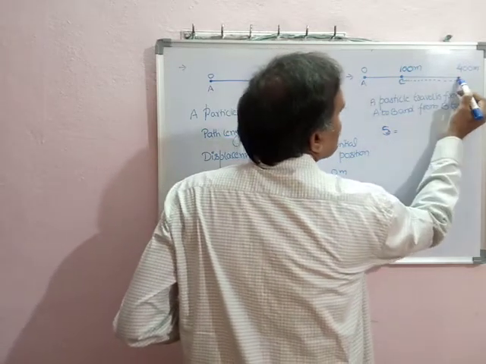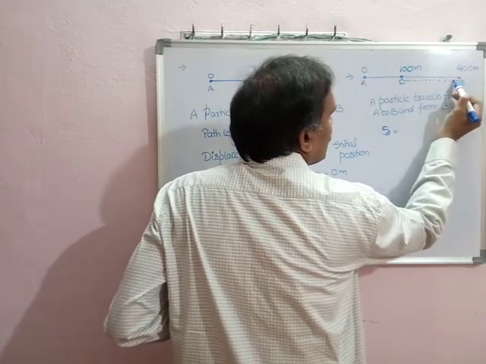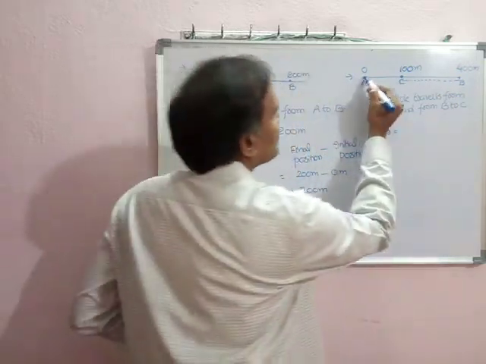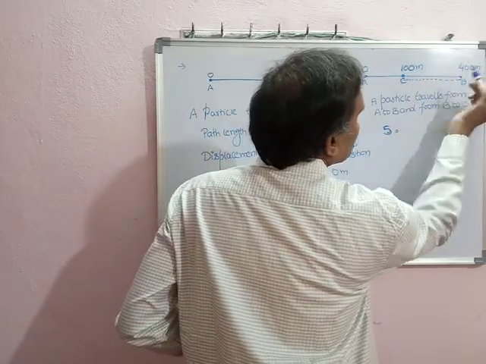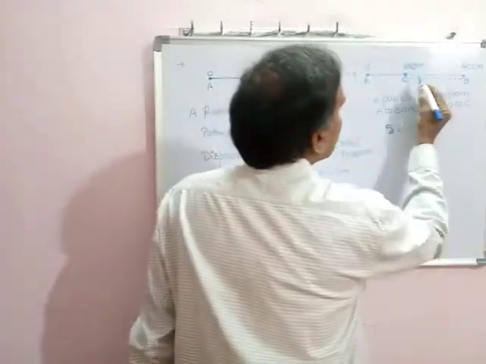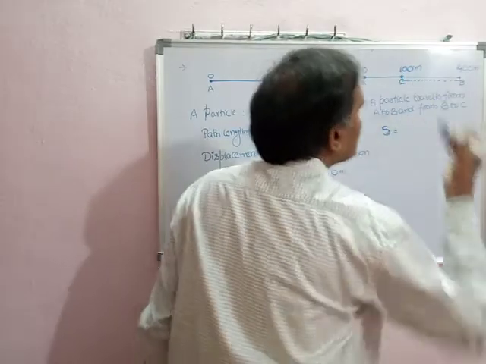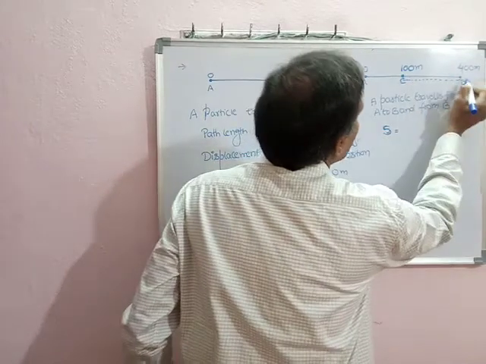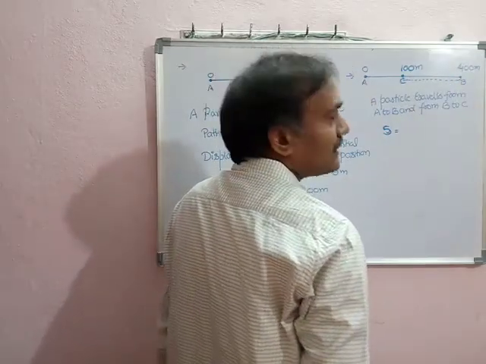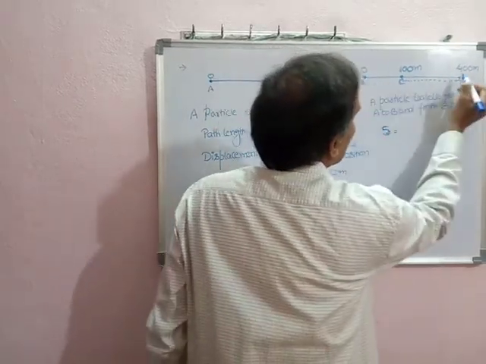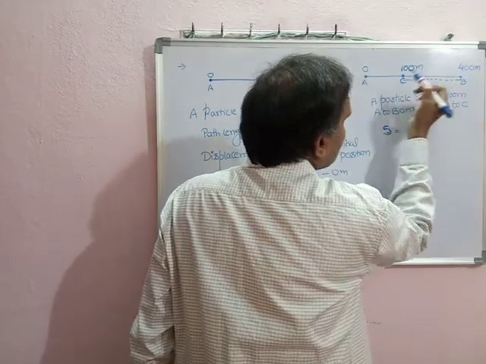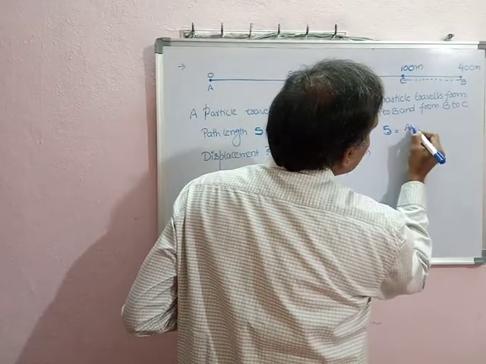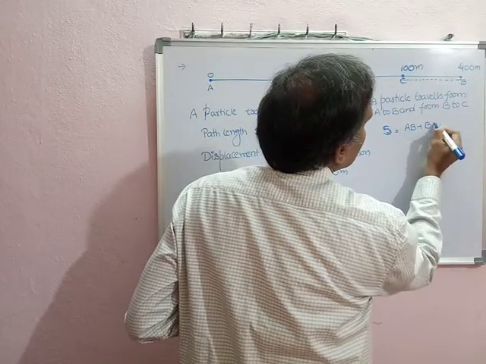From here to here, the length of the path is 400. From here to here, the length of the path is 300. Therefore, the total length of the path traveled by the particle is 400 plus 300, that is AB length plus BC length.